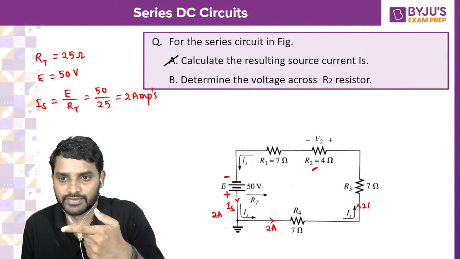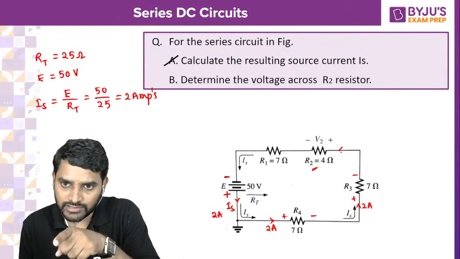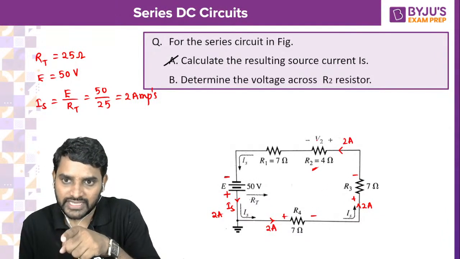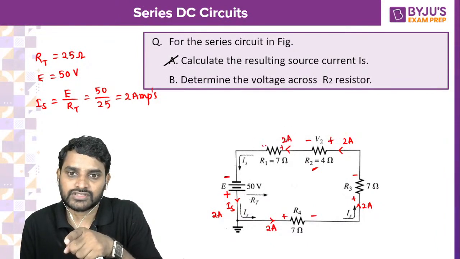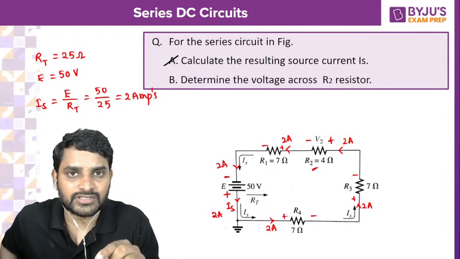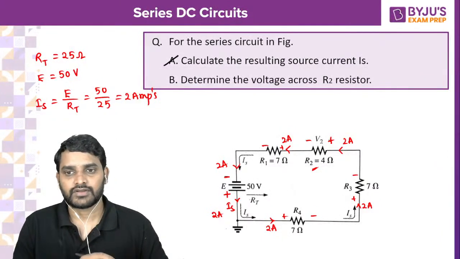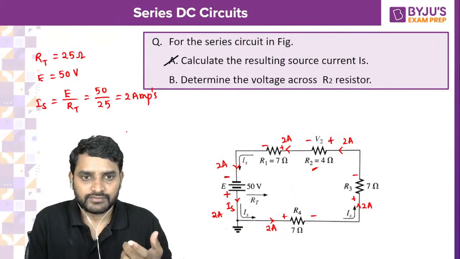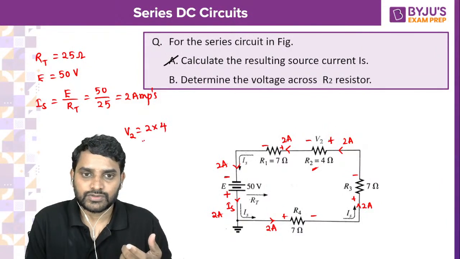Here also 2 amperes will flow, with positive and negative polarity, and it comes back as 2 amperes. Whatever current leaves the source comes back and enters the negative terminal. Okay. Can you tell me what is the voltage drop? Current into resistance, 2 into 4, so that will be 8 volts.